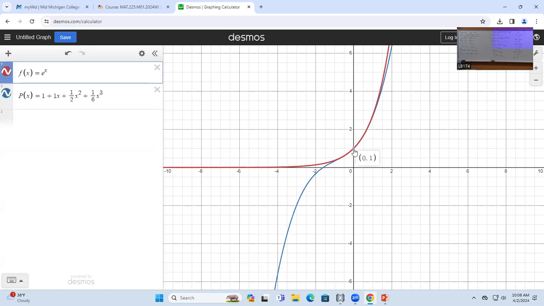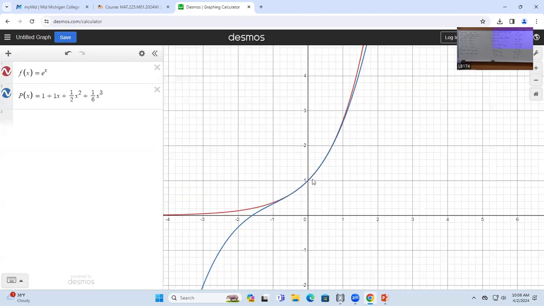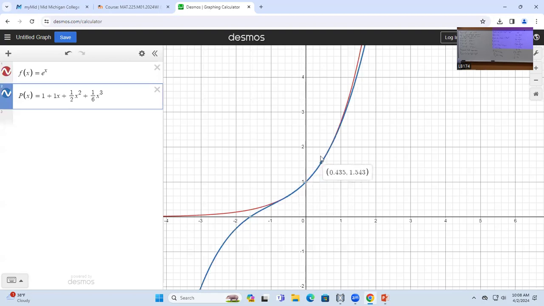But if we're close to 0, where the center was, then my function and my polynomial are very, very close to each other, and they're exactly the same at that point. So this polynomial will approximate the function very well, close to an x value of 0.